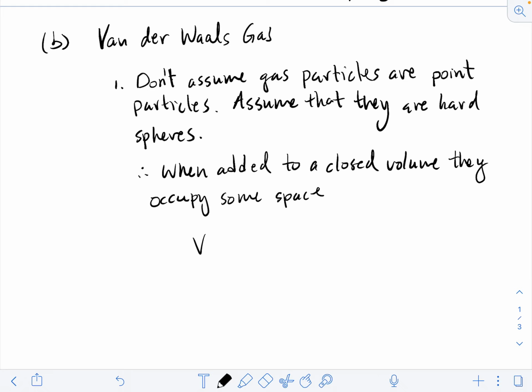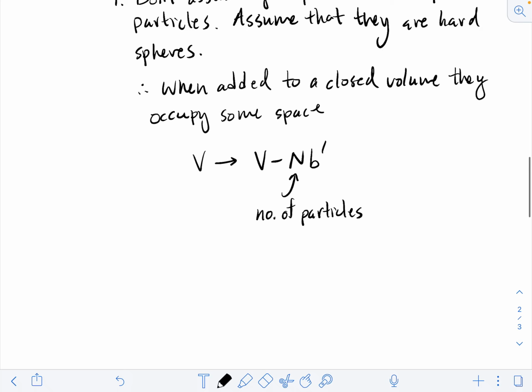And so that means the free space goes from V to V minus N times b'. N is going to be the number of particles, and b' represents the volume of space occupied by a single particle. So b' is the excluded volume.